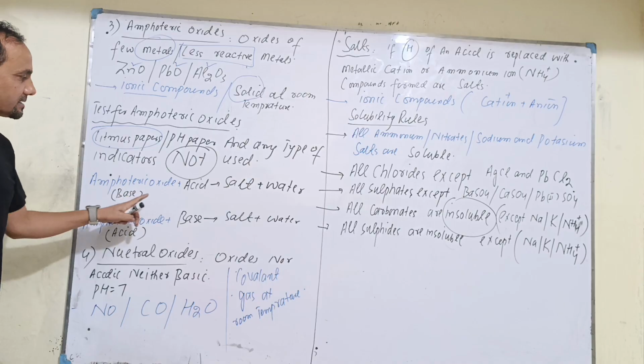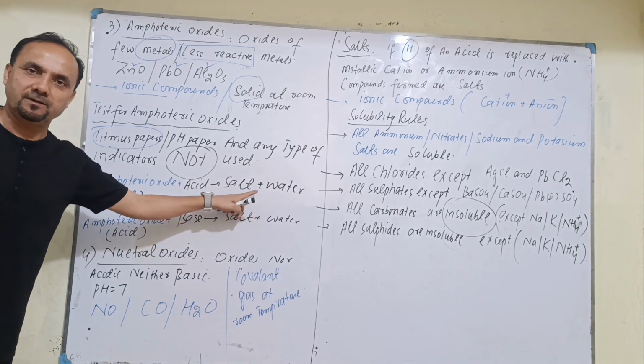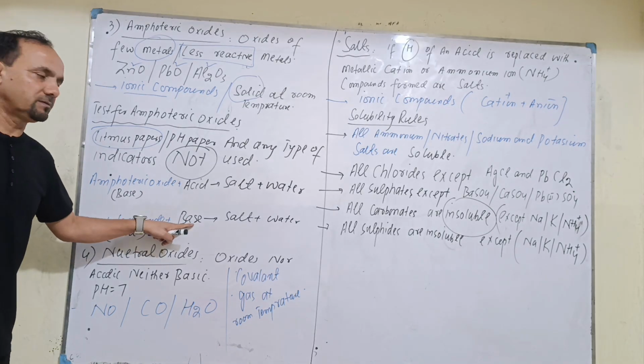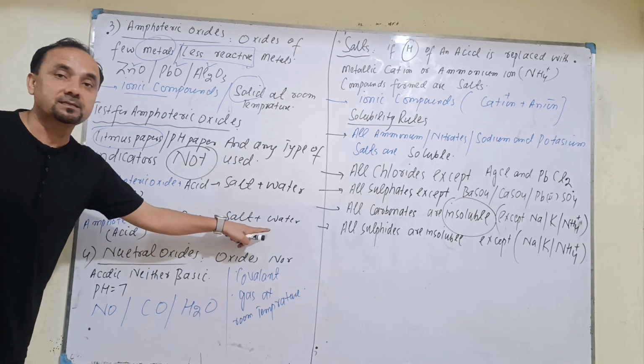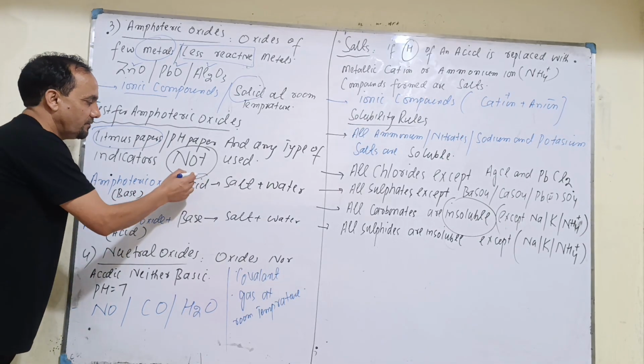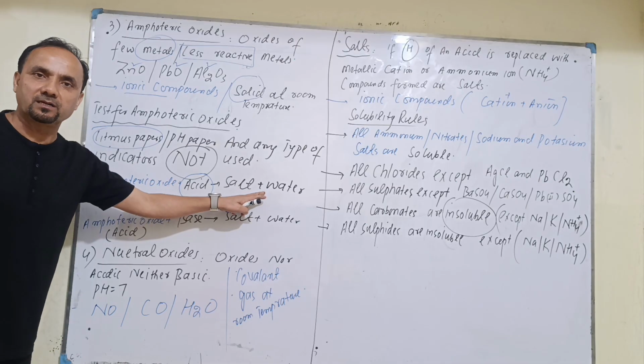When the amphoteric oxide reacts with acid, you will get salt and water. And if the same amphoteric oxide reacts with base, again you will get salt and water. Now let me explain. You know one compound is acid and you are getting salt and water.